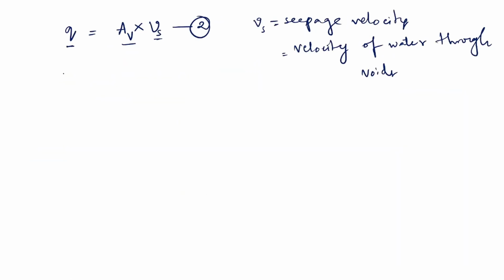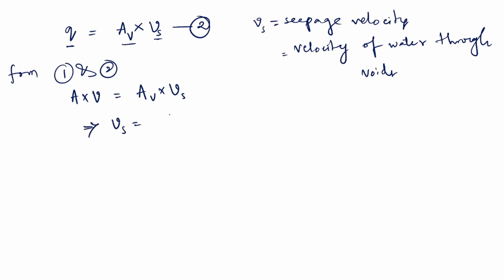So from 1 and 2, you can write A into discharge velocity v equals Av multiplied by Vs. Now I need seepage velocity, so Vs equals v multiplied by A by Av, where Av is area of voids, A is total area, v is discharge velocity.